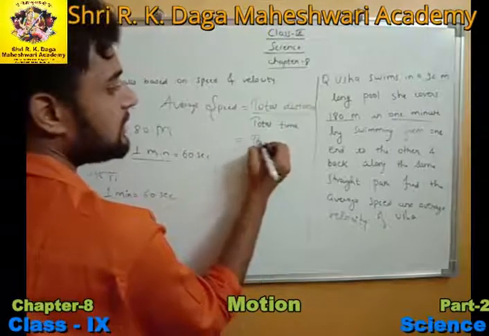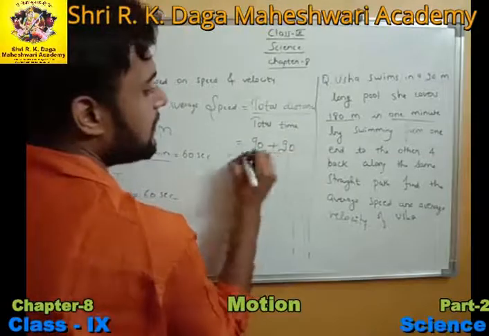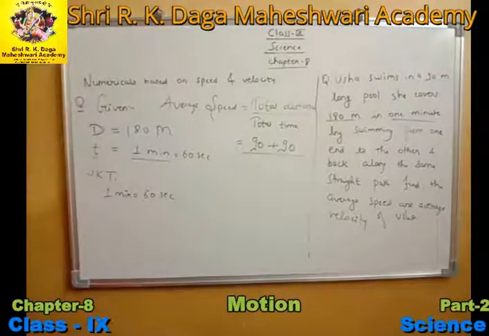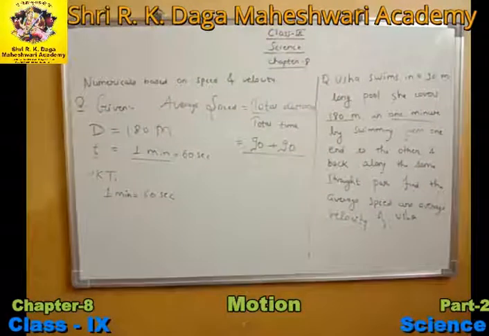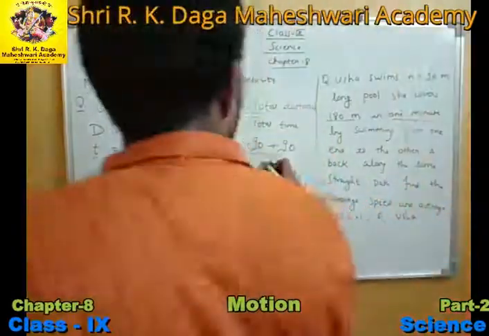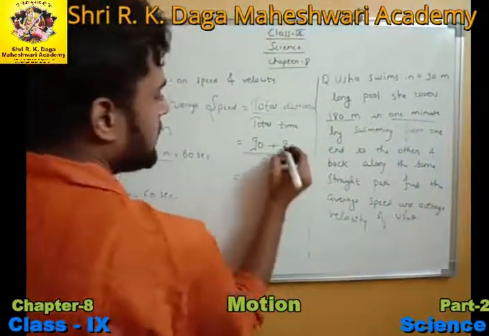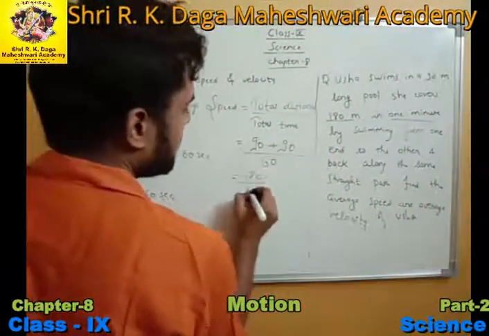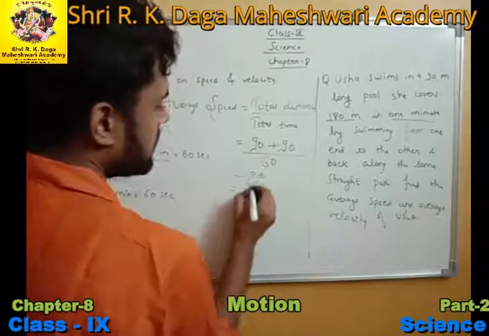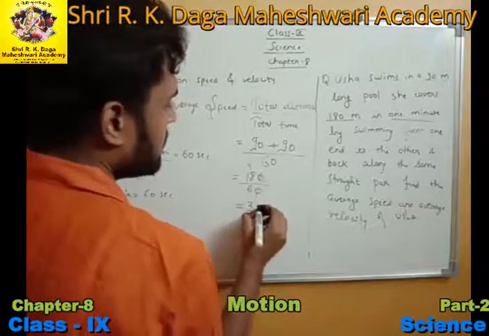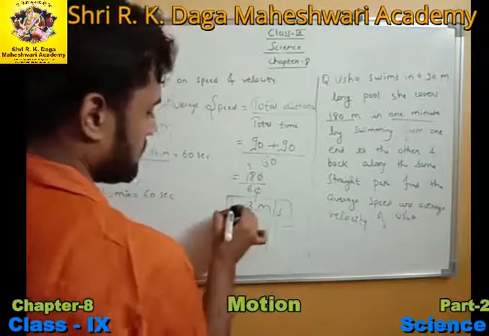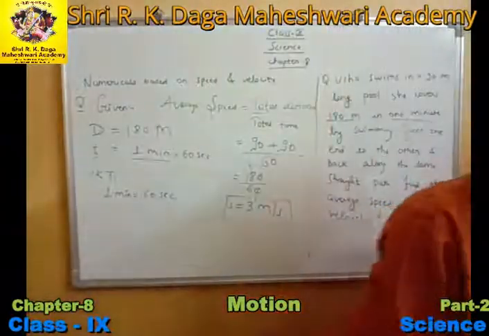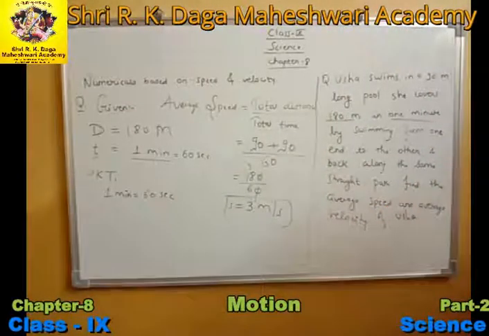It is 90 plus 90, and the total time taken by her in the whole journey was 1 minute, that is 60 seconds. So 90 plus 90 will be 180 divided by 60. Zeros cancel, 6 3s are 18, that is 3 meter per second. So she can swim with the speed of 3 meter per second.